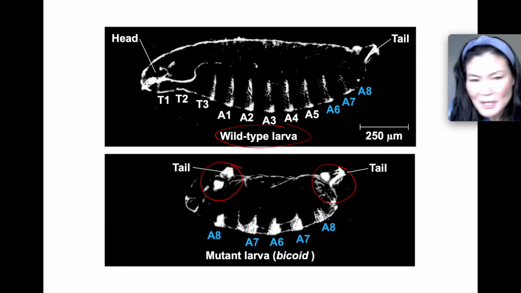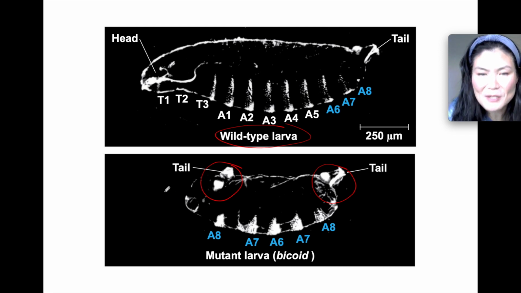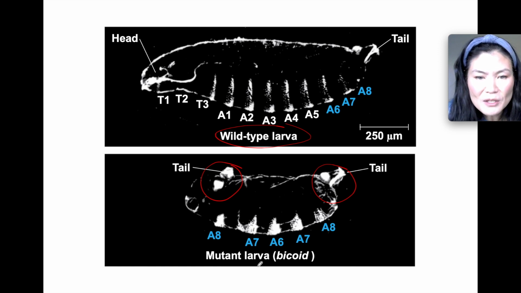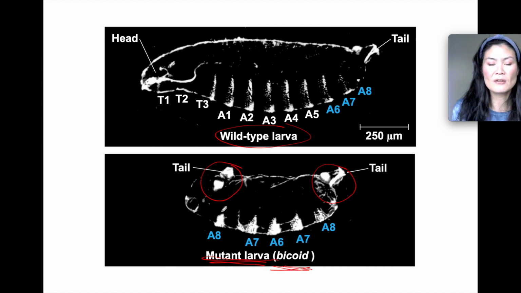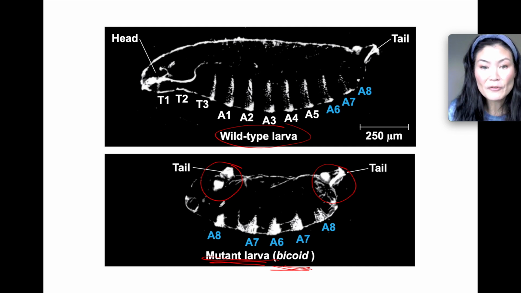So it wasn't being expressed on this end. So you end up with two tails. So that's why I was talking about knockout. It's because they knocked out the gene. So you end up with a mutant larva with the knockout bicoid, meaning they don't make the bicoid mRNA. So no bicoid mRNA on either side of the egg. You're going to end up with two tails, no head, no anterior portion of our fruit fly.